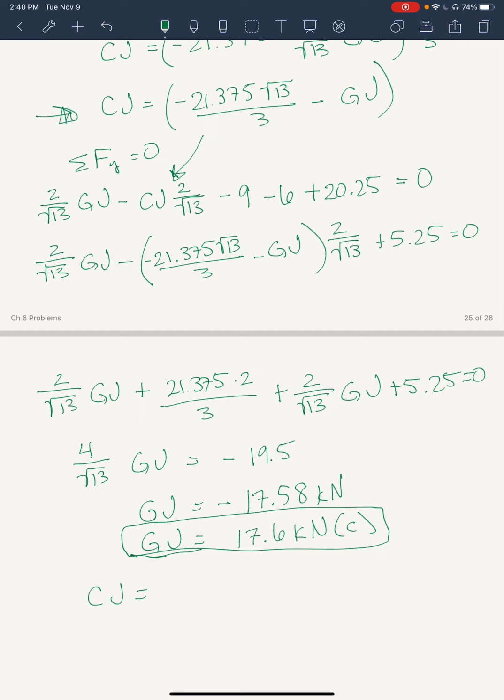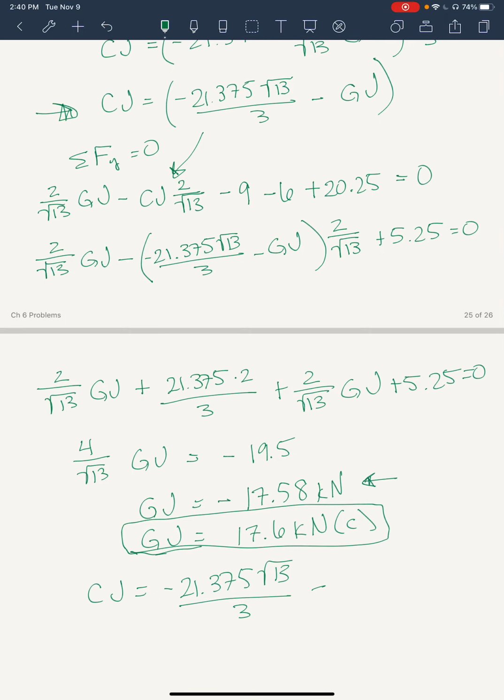So CJ equals negative 21.375 square root of 13 over 3 minus GJ, and I need to use this value because we didn't change the drawing, so minus negative 17.58, so that equals negative that plus negative 8.11 kilonewtons.